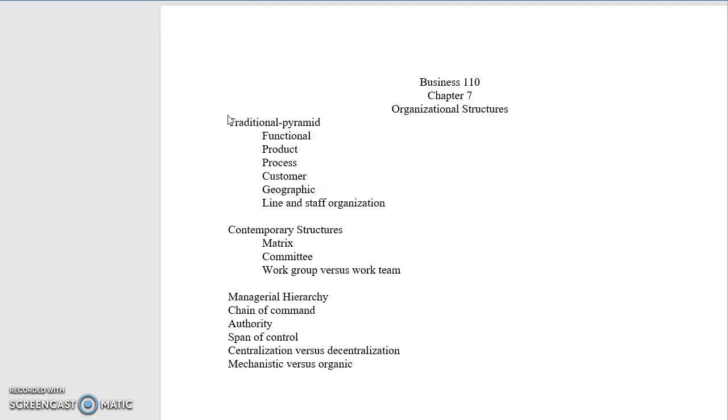So for the residential builder, that would be one department. For the industrial skyscraper builder, that would be another department. And then maybe in the middle would be someone that builds like strip malls or big grocery stores or something like that. So you would have residential, commercial, and then industry.